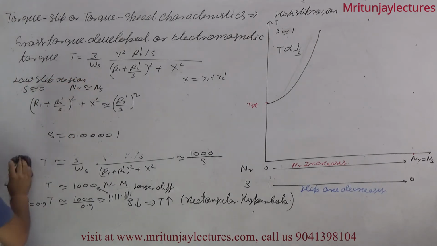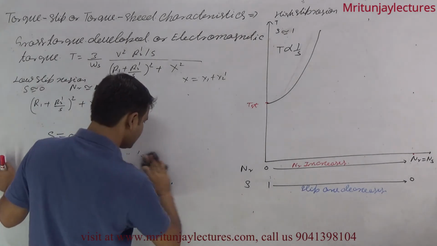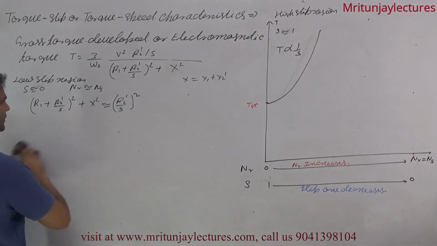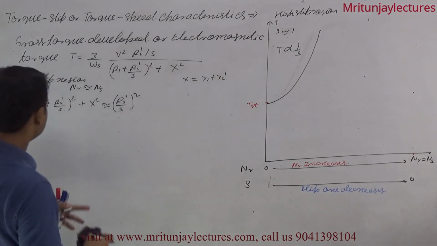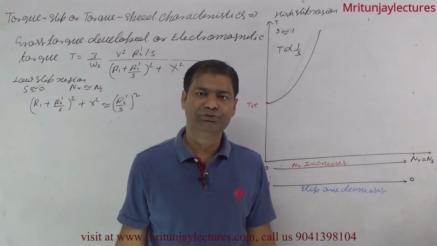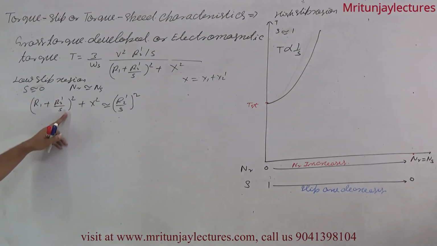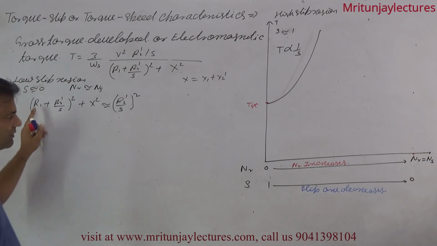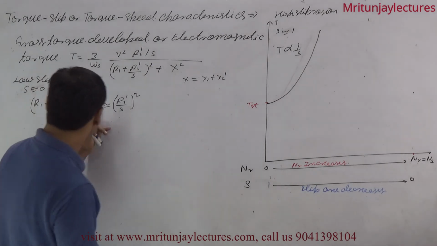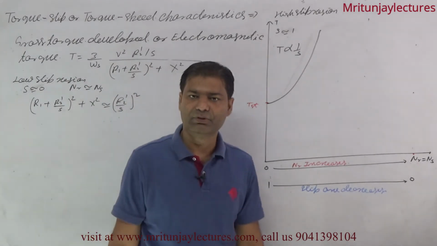Now if you consider this duration, if S is closer to 0, like 0.0001, then this value is very large, and as compared to this one, this is very small. That's why we have neglected this one and this one also, and it is closer to (R2'/S) the whole squared.